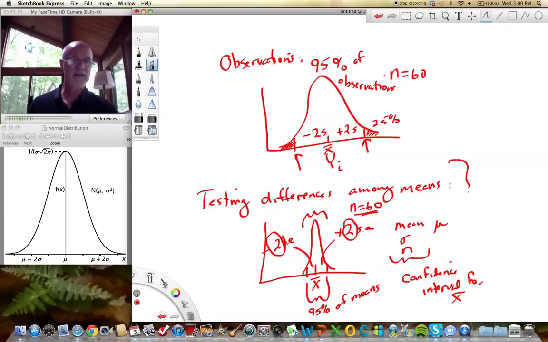And why does it make sense that the standard error gets smaller and smaller? Because remember what it is. It's the standard deviation divided by the square root of n.